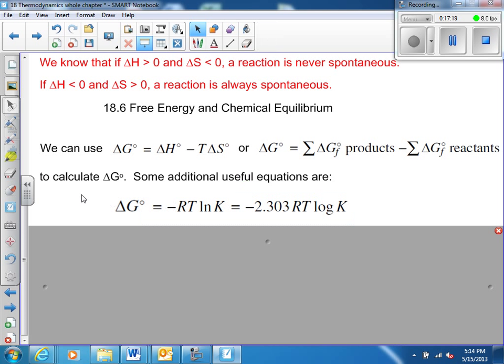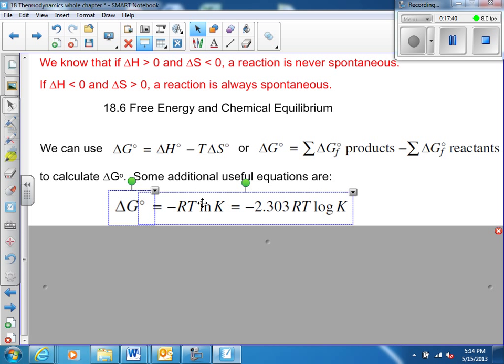Look at this. We just united Gibbs free energy, delta G. Oh, here's our equilibrium constant. This allows you to calculate Gibbs free energy from an equilibrium constant, or if we know Gibbs free energy, we can calculate an equilibrium constant, vice versa.